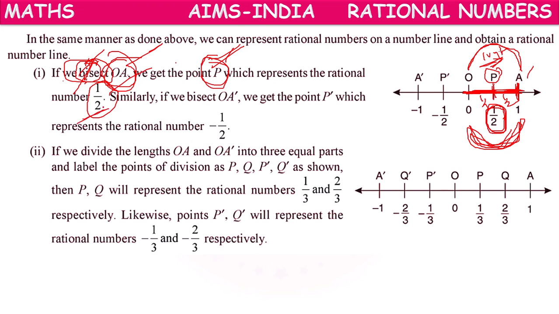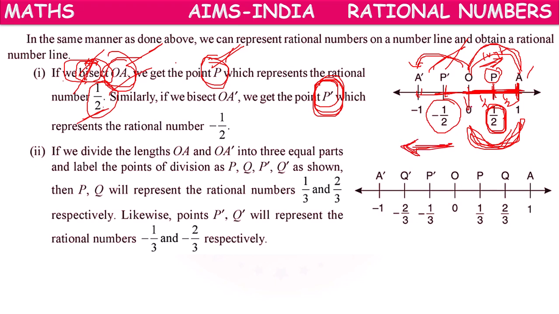In the same way, on the left hand side, like A at 1 unit distance, on the left hand side we have A dash. If we take point P dash, which divides OA dash into two equal parts, then P dash will be minus 1 by 2 because it is located on the left hand side.